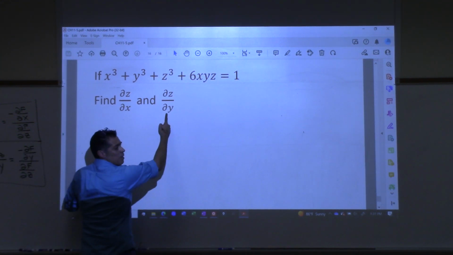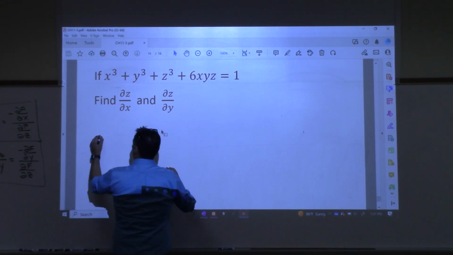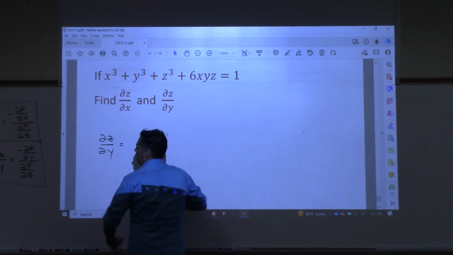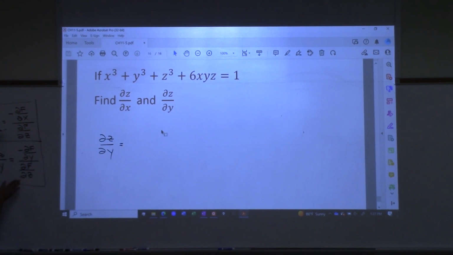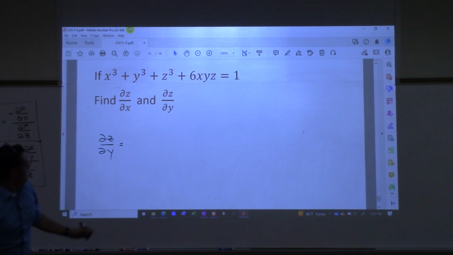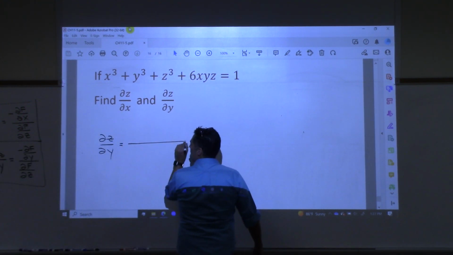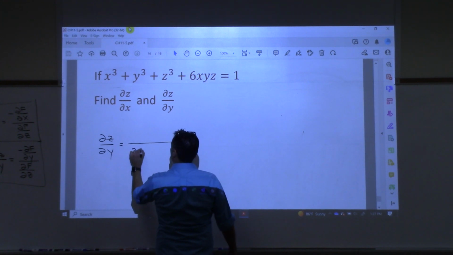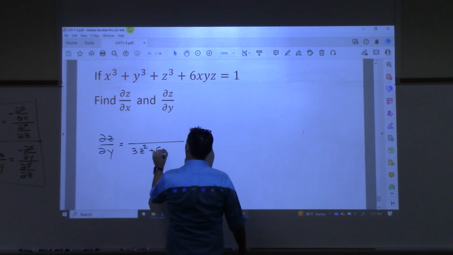All right, should we do this one? Sure. Partial z with respect to y. Does anything change? Well, the bottom's the same, right? It's the same thing for both of them, so that's going to stay the same. And that was 3z squared plus 6xy.